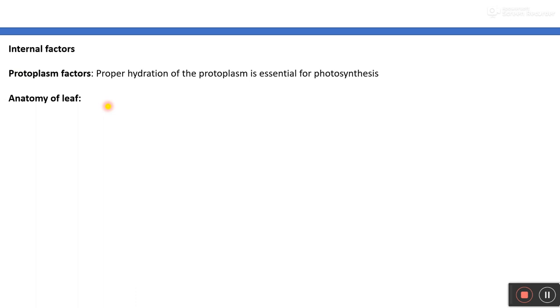As I already explained in the earlier part of my presentation, C3 plants and C4 plants have different leaf anatomy, and this helps in reducing the rate of photorespiration and regulating the rate of photosynthesis. So this is all about the chapter photosynthesis.